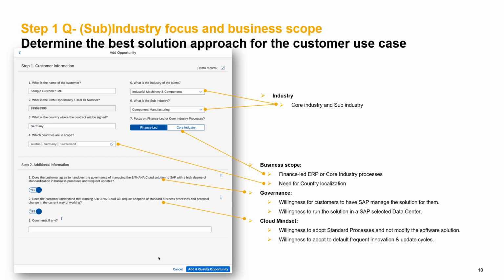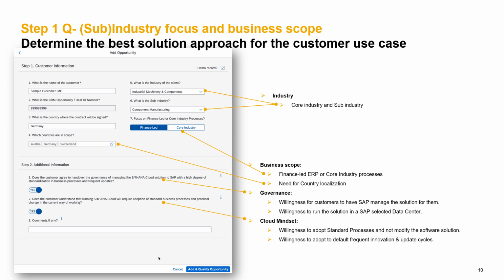The details and a demonstration of the DDA tool is provided as part of your sales authorization training, but it's really easy. It's basically a step-by-step process where you fill in the details. It asks you the industry that the customer is in.